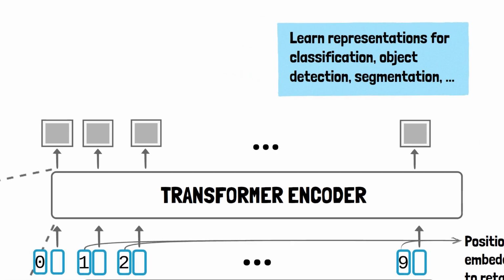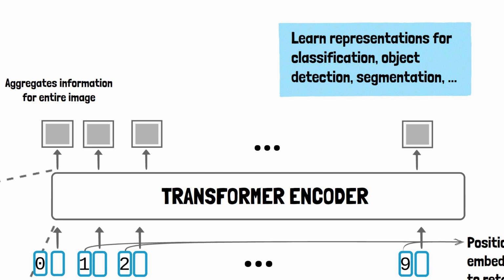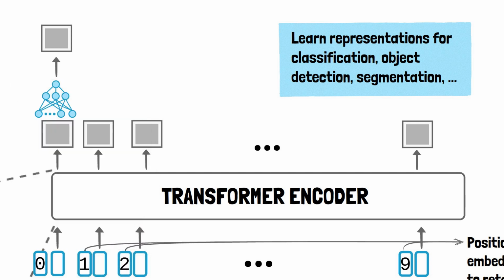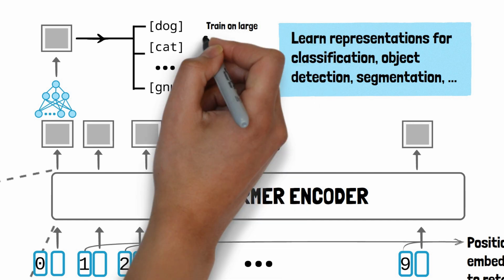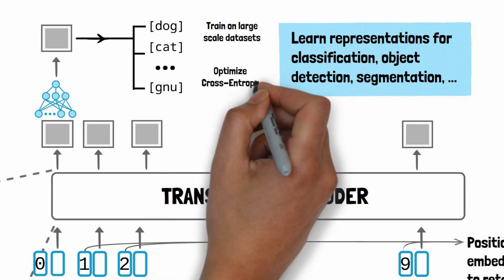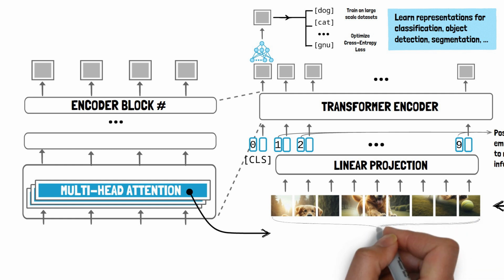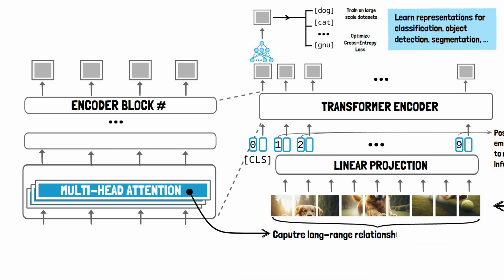During training, this classification token aggregates information from the entire image and is used to predict the class label. The model is trained on large-scale datasets to minimize classification errors, optimizing the cross-entropy loss. By leveraging self-attention, vision encoders can capture long-range dependencies between patches, and this enables effective image processing, achieving competitive performance when compared to convolutional neural networks.